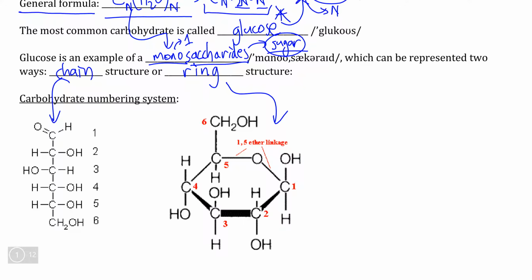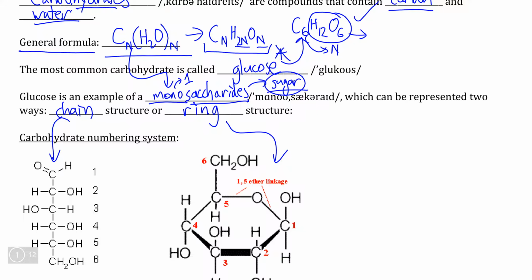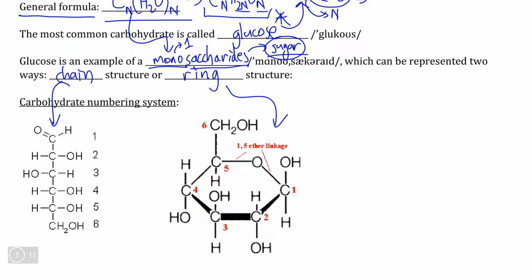So if we look, we know that glucose is C6H12O6. We can see that all of the carbons are labeled 1, 2, 3, 4, 5, 6. So we're going to draw them like that, starting with carbon 6 actually. So there's carbon 6. Here's carbon 5, 4, 3, 2, and then carbon 1.